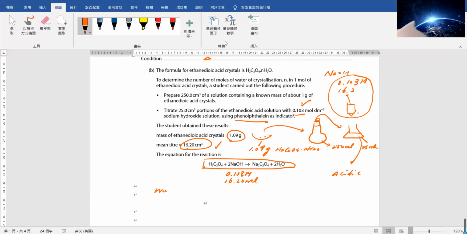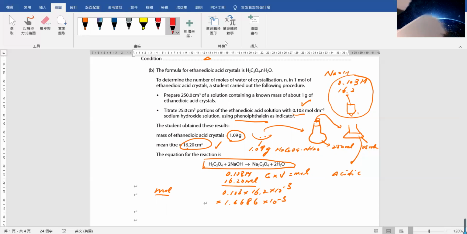So you're going to calculate the mole. Concentration times volume equals moles. Remember to convert it to dm cube. If you do it correctly, it's 1.6686 times 10 to the power negative 3.